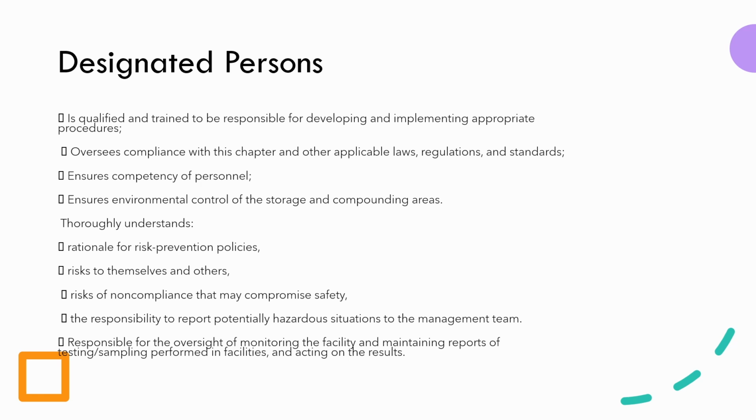They oversee compliance with this chapter, the 800 specifically for hazardous, ensure the competency of personnel, and thoroughly understand the rationale for risk prevention policies, risk to themselves and others, risk of non-compliance, and the responsibility to report potentially hazardous situations to the management team. They are responsible for the oversight of monitoring the facility and maintaining reports of testing, sampling performed in facilities, and acting on the results.